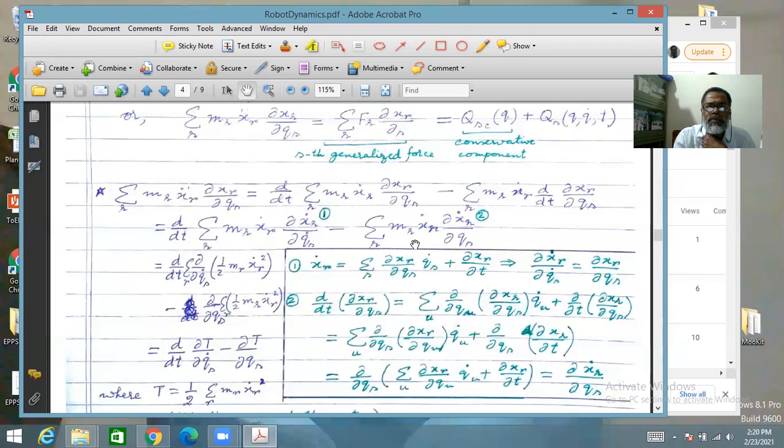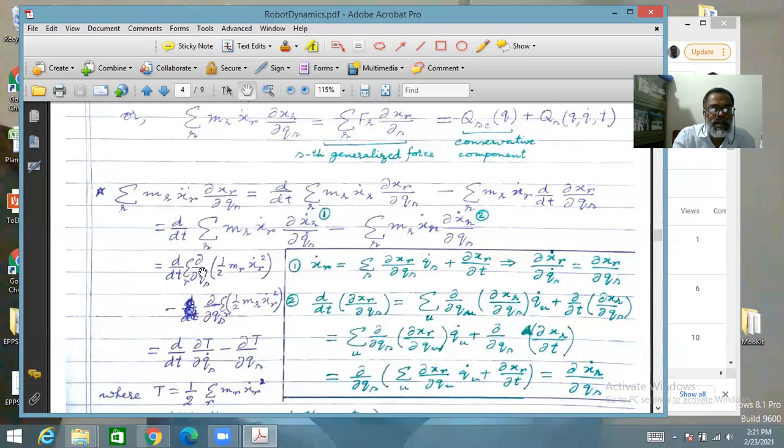Similarly, this term is the derivative of the same half mr xr dot square with respect to qs. This one was with respect to qs dot. Okay. So now if you take this sigma r inside the way it has been taken in this term anyway, then you can recognize the kinetic energy here. Okay. Half mr xr dot square summed up over all the motion coordinates r is the kinetic energy of the entire system.